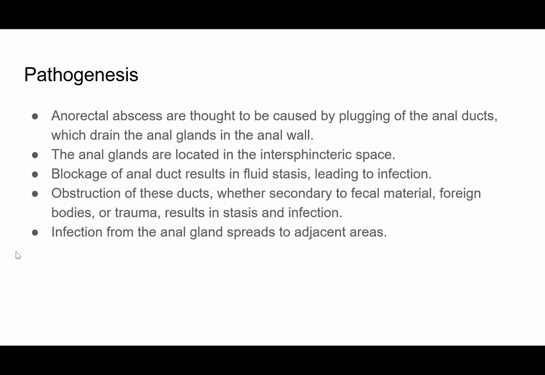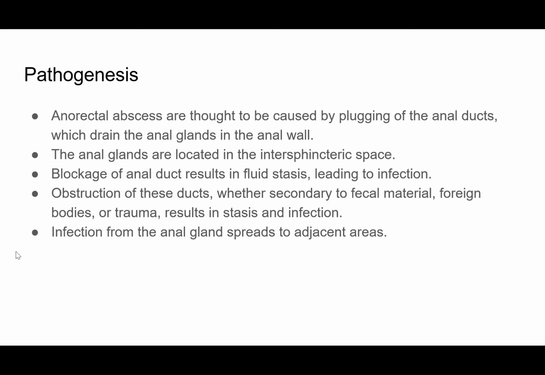So when we're looking at the anatomy of the anal canal, importantly are the anal glands. Anorectal abscesses are thought to be caused by plugging of the anal ducts that drain the anal glands. These anal glands are located primarily in the intersphincteric space. So if there's any blockade of the anal duct, there's fluid stasis in the anal glands, causing bacterial proliferation.